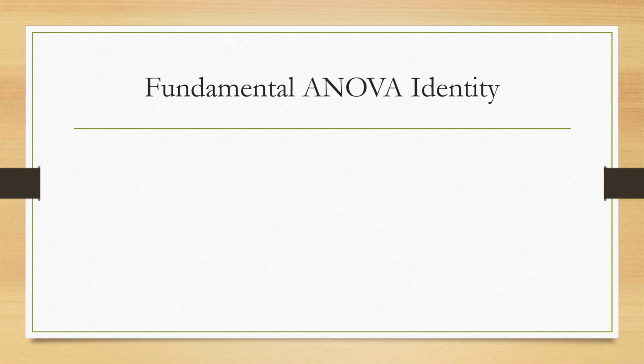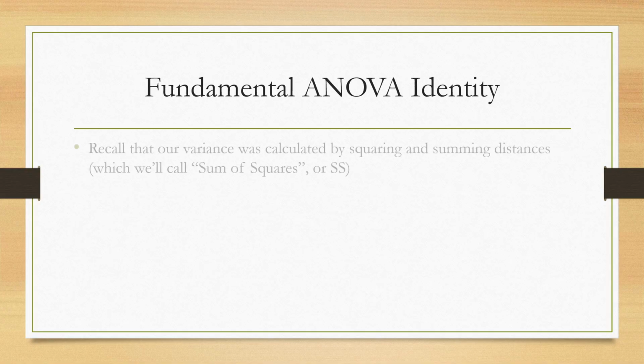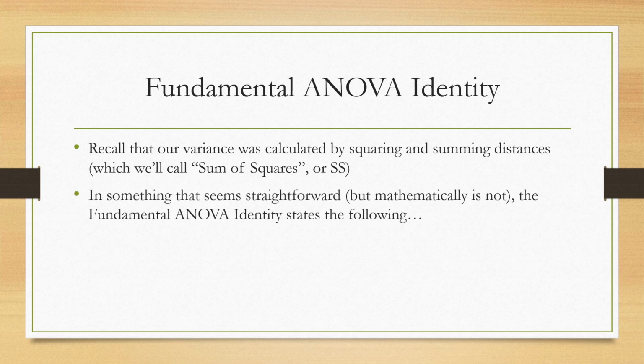So this makes sense for our individual point movement, I hope, when we're breaking down that initial equation, the expression we discussed earlier. But recall that our variance was calculated by squaring and summing the distances. This is an important component in ANOVA. We'll call it the sum of squares. You squared up those differences and then you summed them together, the sum of squares, or SS. The fundamental ANOVA identity is something that seems really straightforward, and I'll just say mathematically it's not.